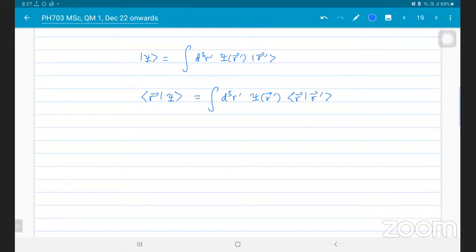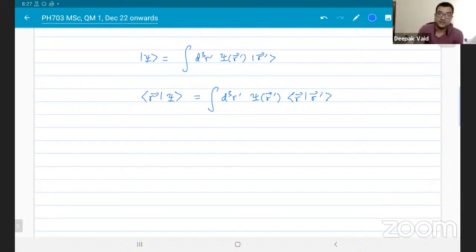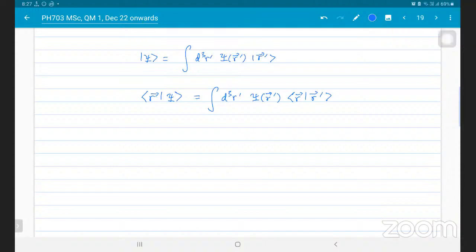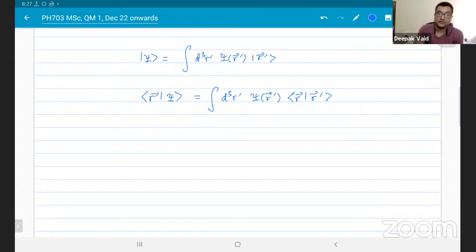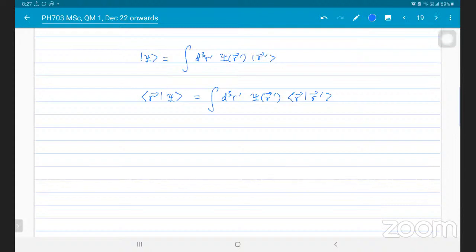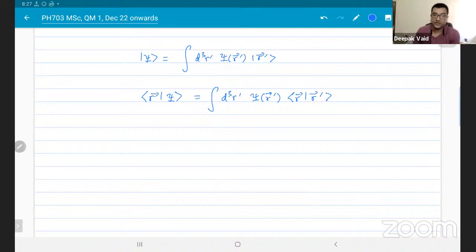Sir, why not dr instead of d cubed r? One second, I'll tell you in a moment. Okay, so there are some of you who are not so confident, right? That's why I'm asking. Tell me if you have any doubts. Sir, why are we taking r dash? You can call it anything. I can call it r. Okay, thanks, guys. That gives me an idea now.